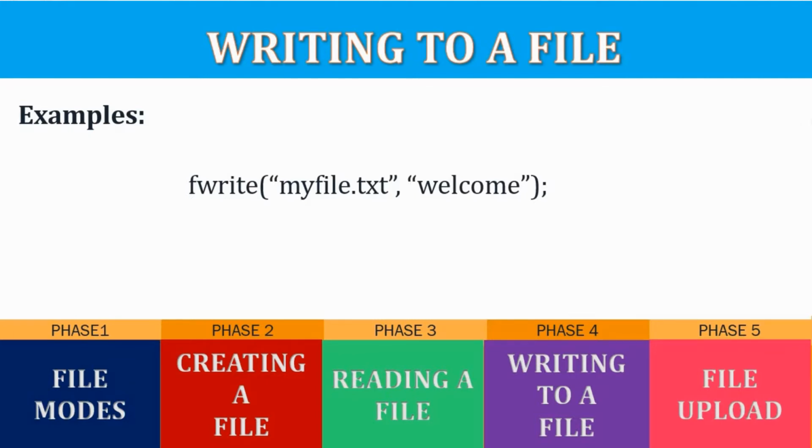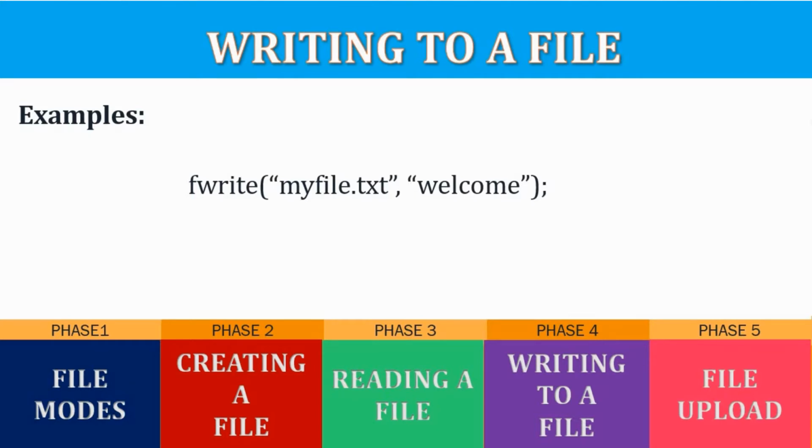To create or open an existing file, you can use the function fopen(). If you want to open an existing file, you should use the fopen() function with read mode. For creating a new file, you have to use the same function with write mode.